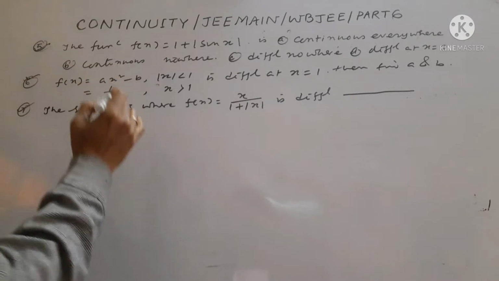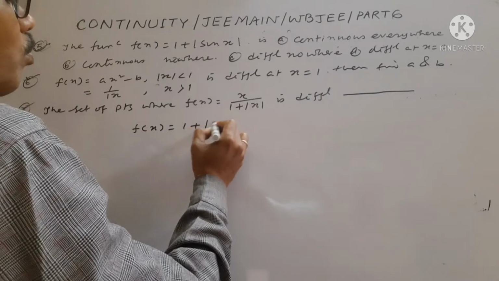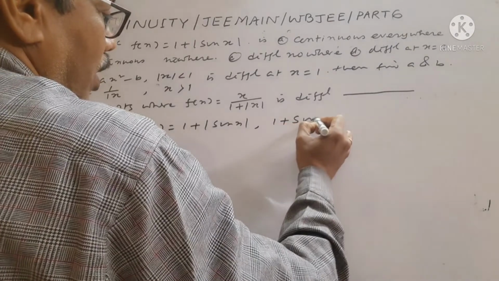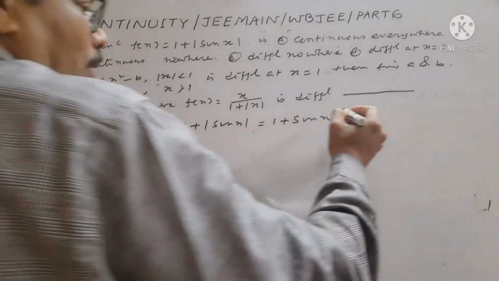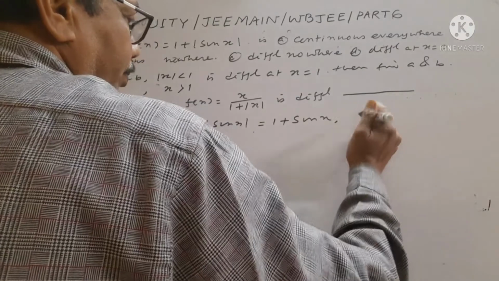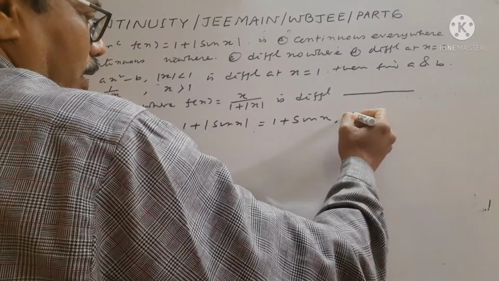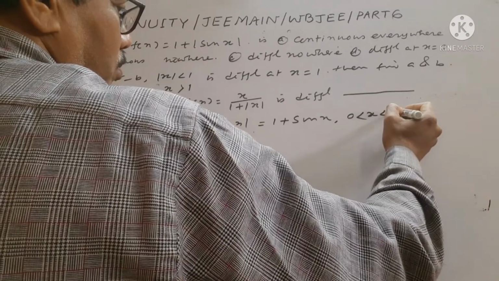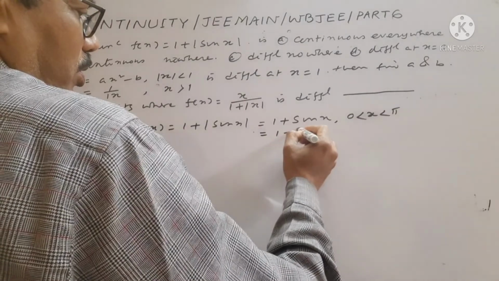So, problem number 5. f(x) = 1 + |sin x|. So, 1 + sin x for x greater than 0, you can write 0 to pi. You are interested in 0 only.